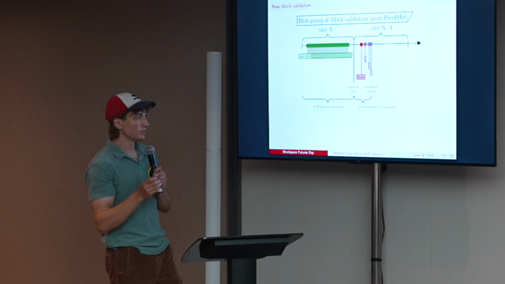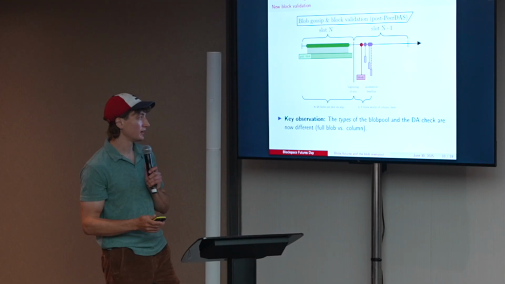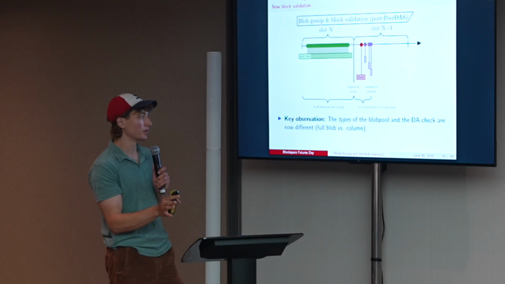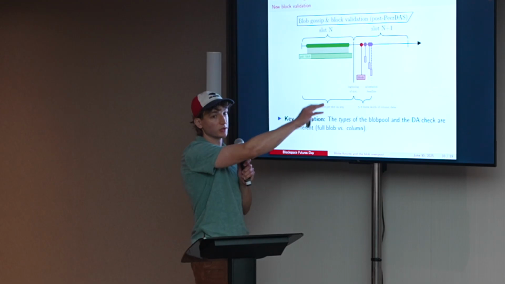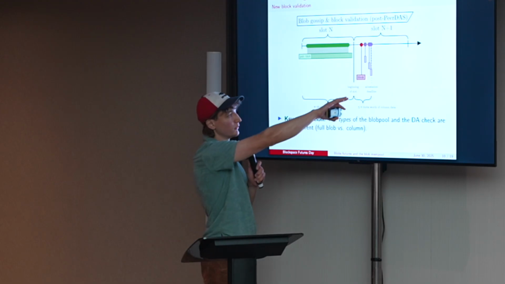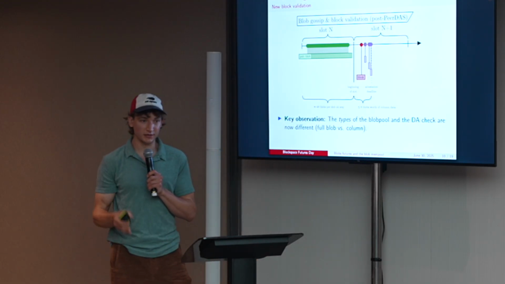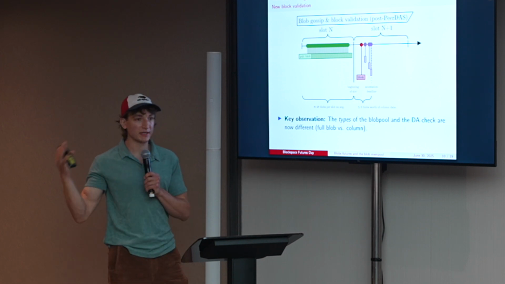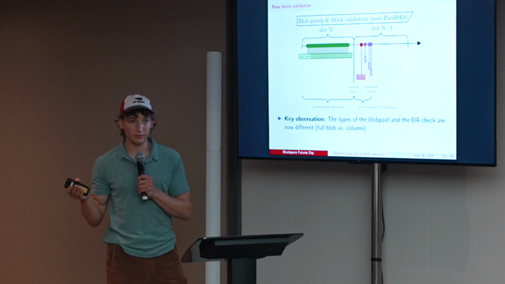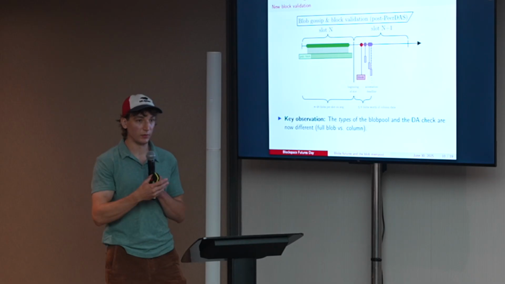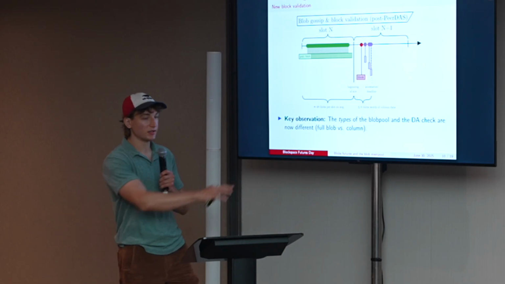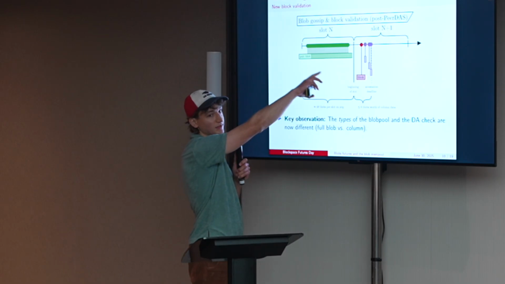Now, the difference here is that the types of these 2 operations are no longer the same, because the blob pool still contains full blob objects, whereas the block validation flow only contains column data. And this is weird because we're saying, oh, we're massively increasing the throughput of the chain by reducing the bandwidth needed while increasing the number of blobs. But actually, to stay connected to the mempool, you have to download all of these blobs.